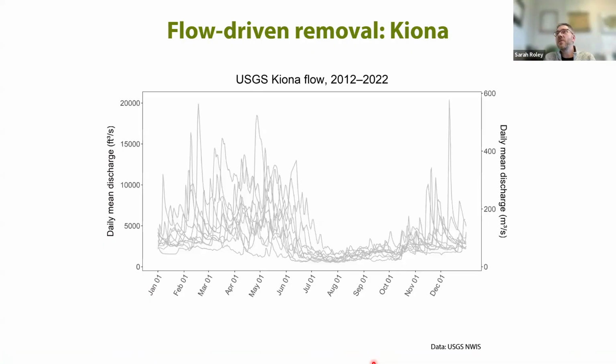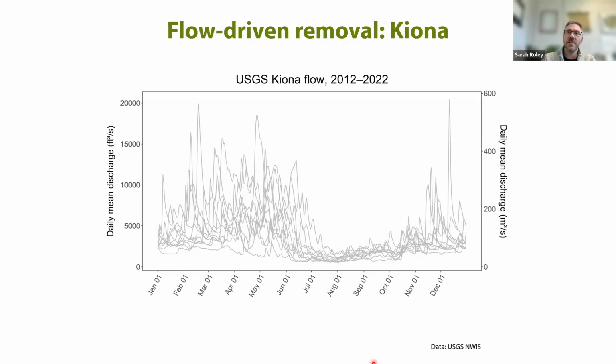Okay, so I want to talk about one more set of data. We had the opportunity to observe a flow-driven plant removal at Kiona. So the same site where that first removal happened that I showed you. So what you're looking at here is a plot of discharge. This is called a hydrograph.